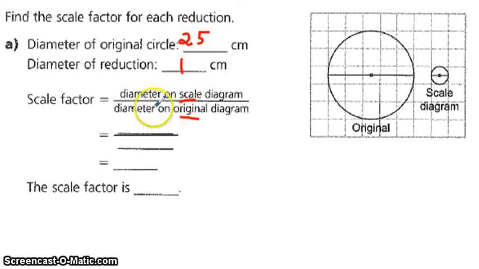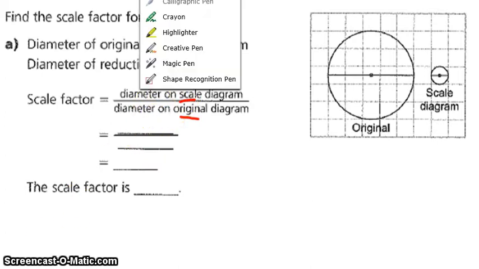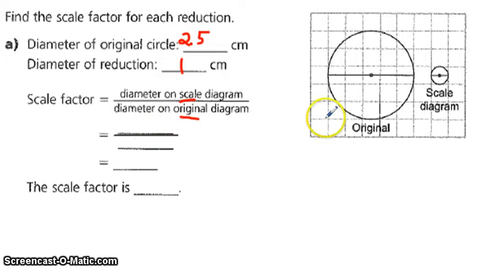Oops, sorry, my pen here. So we've got a scale of 1, and on the bottom we've got the diameter of the original, which is 2.5. So 1 over 2.5, and you can use your calculator to figure out that this is 0.4. The scale factor in this case is 0.4.